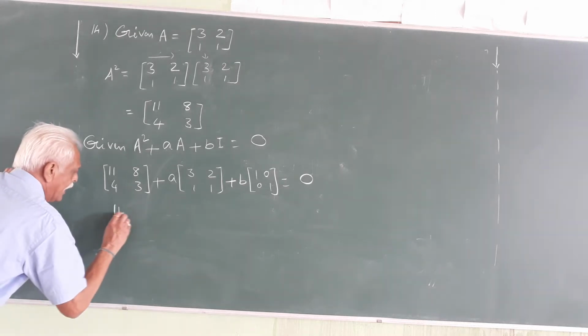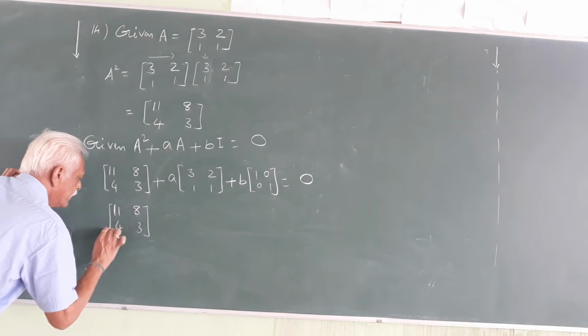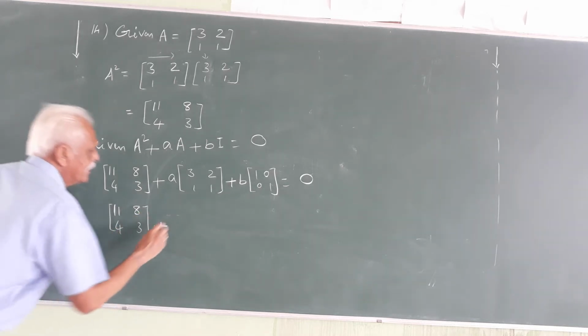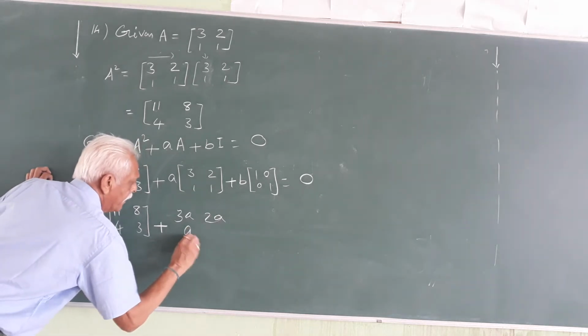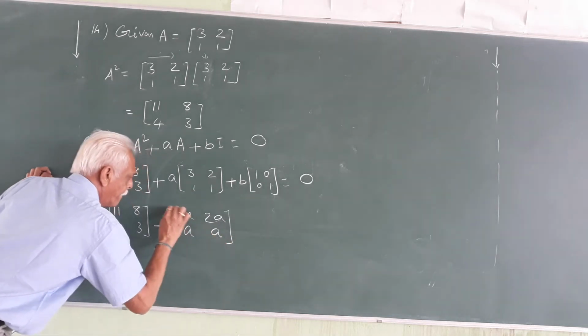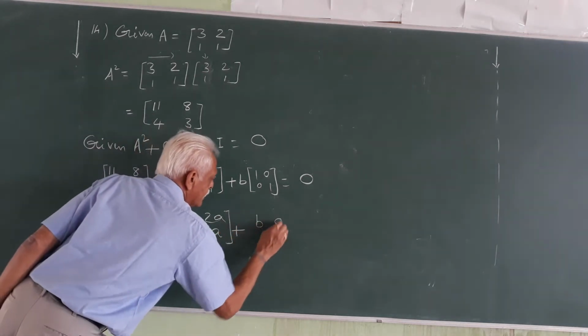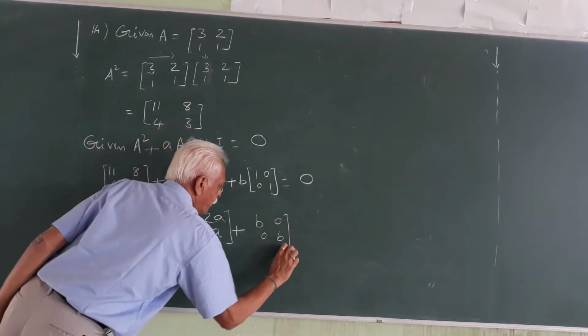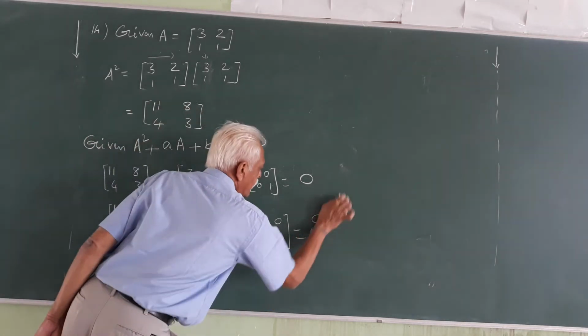So this is [11, 8; 4, 3] plus [3a, 2a; a, a] plus [b, 0; 0, b] is equal to O.